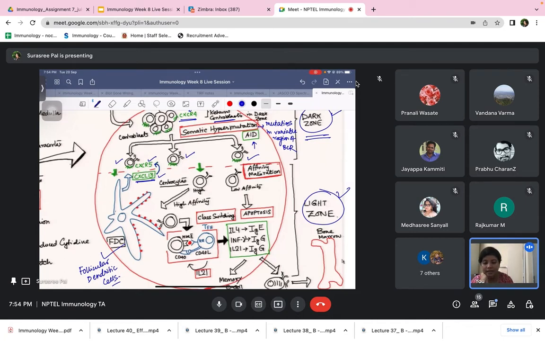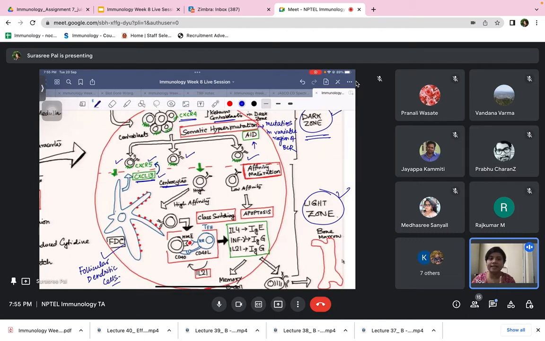Now once they reach the light zone, they are called centrocytes. So now these B cells can have either high affinity or low affinity for the foreign antigen. Therefore there has to be another selection round that will select the B cells with respect to their affinity, right?